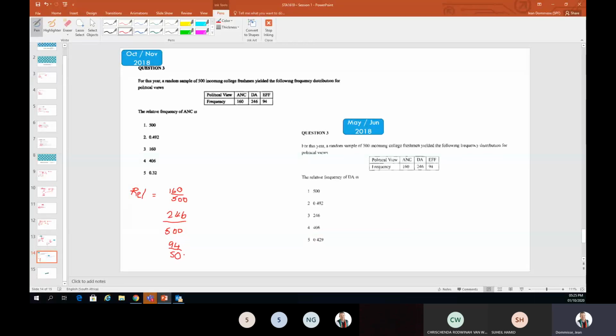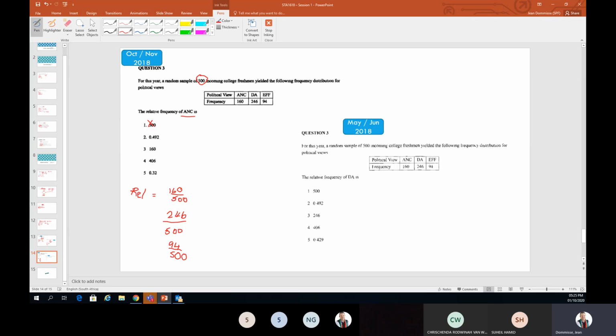Okay, so again, you'll see the same question was asked in the 2 papers in 2018, but once again, a bit different. Here they asked for the relative frequency of the ANC, and you can see that if you don't know what the concept is, there's the 500, which is your N. So obviously that is wrong, but there was that connection there.